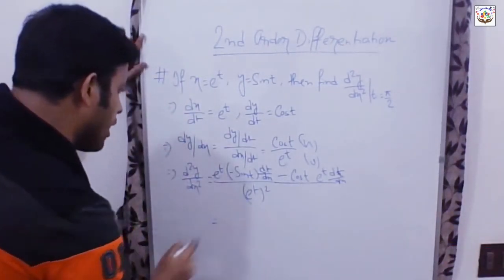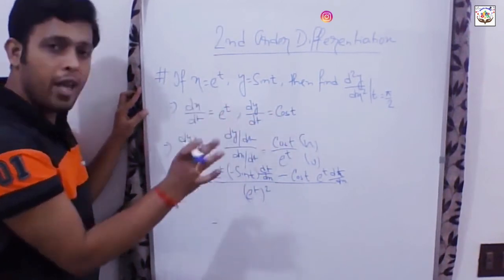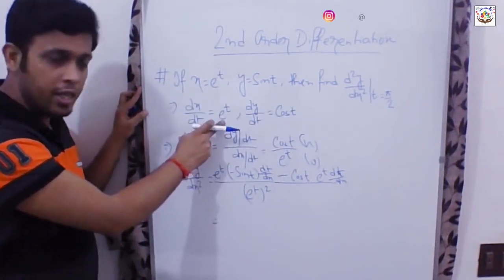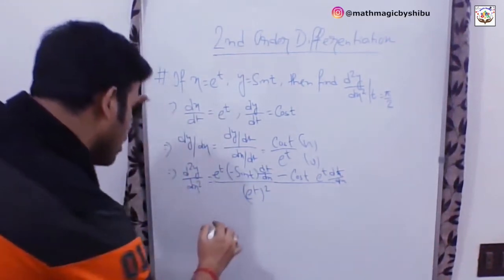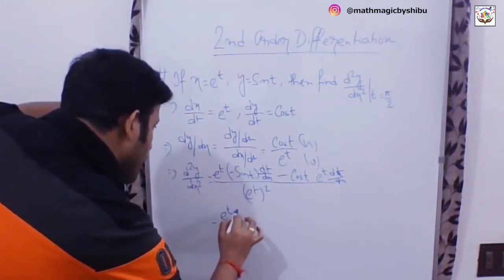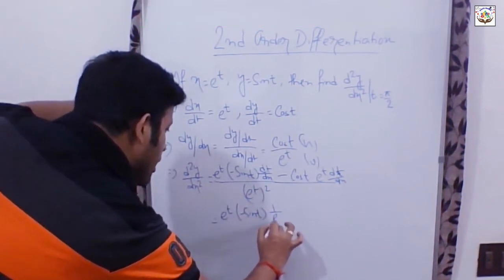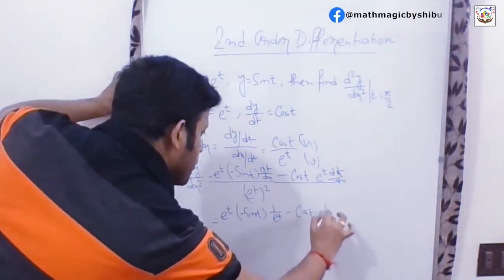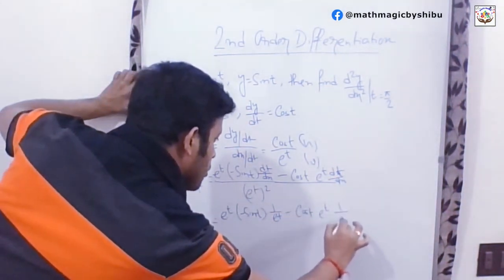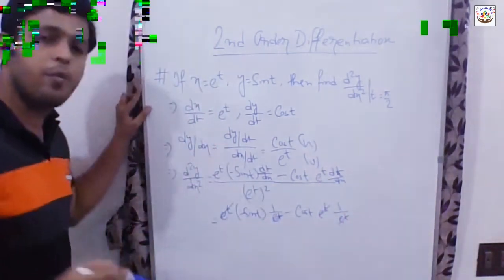Now, as you can understand, we have dy/dt as cos t and dx/dt as e to the power t. So dt/dx will be 1 by e to the power t, right? If we write 1 by e to the power t in place of dt/dx, we can easily cancel out the e to the power t part from the main problem.